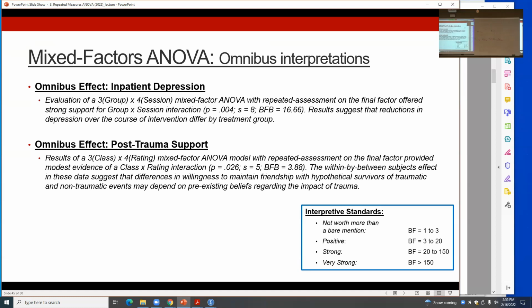Here we got p equals 0.004, S is 8, Bayes factor 16.6. And so what we can say here is results suggest that reductions in depression over the course of intervention differ by treatment group. Okay, that's actually me cheating a little bit. Where did I cheat in this interpretation here?